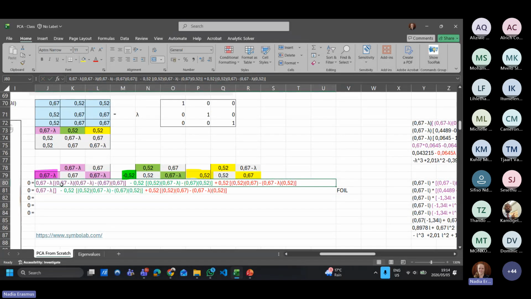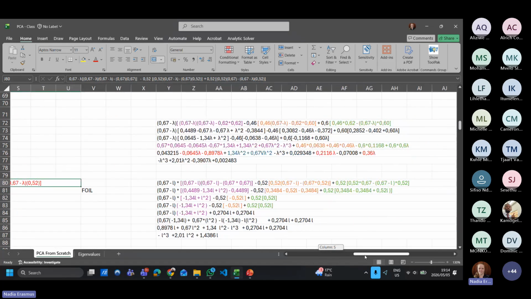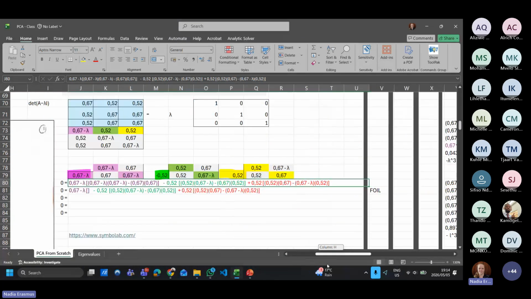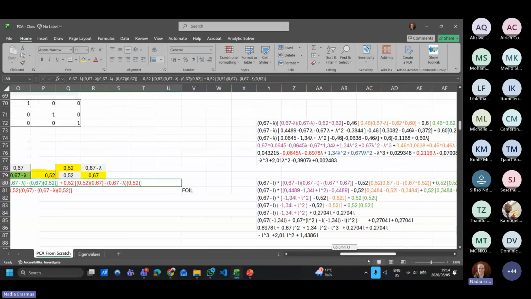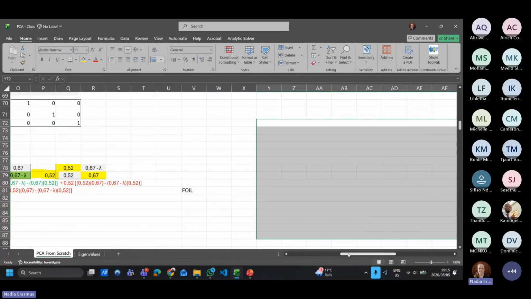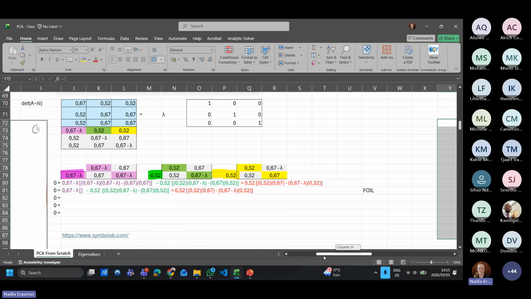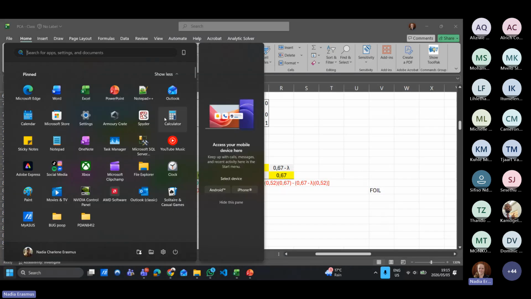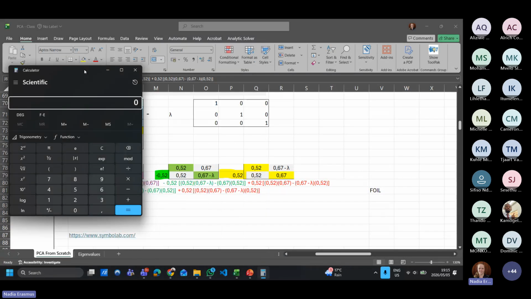So it's 0.67. Oh wait, this one was wrong. This one has a different matrix, so I can't use it. So it is going to require my calculator.